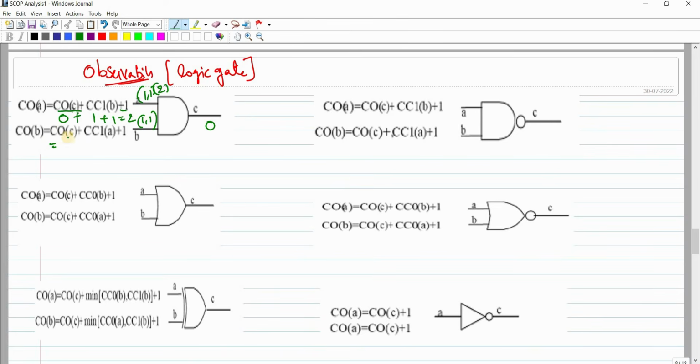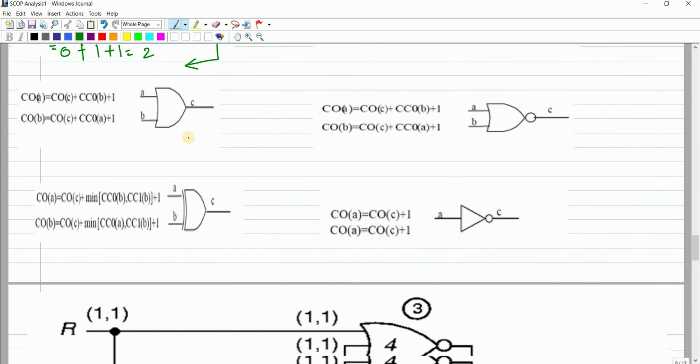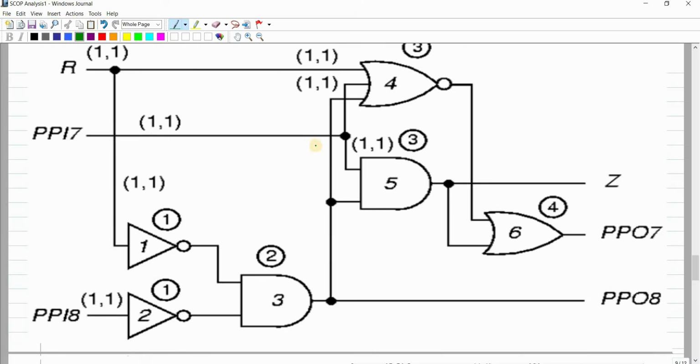In a similar manner, for the combinational observability of C by default 0, plus the combinational 1 controllability of A, which is 1, so 1 plus 1 is 2. Here also we get an observability of 2. In this way we can calculate observability. For calculating observability we have to work backward, so back trace. In this way we can calculate controllability and observability for a given logic gate.